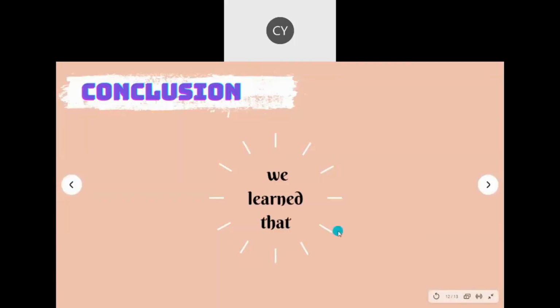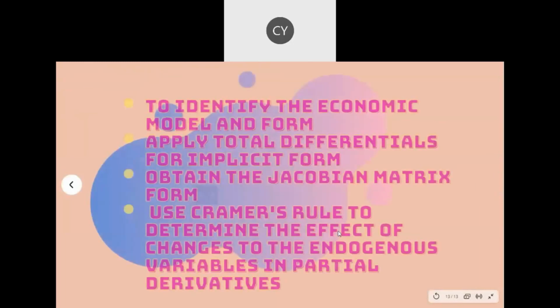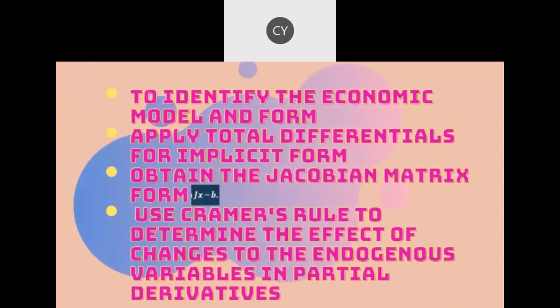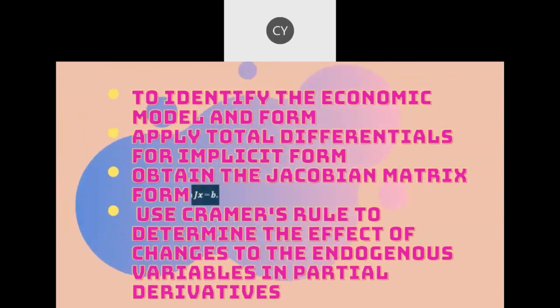In conclusion, what we learn from this problem 2 is, first, to identify the economic model, as we can recognize the components from the goods market and the money market. Through the equation, we know it is the IS-LM model. From the equation, we can identify what form it is, such as the general form and the implicit form given by this question. Second, to apply the total differential for an implicit function, as we saw in question Roman 4.